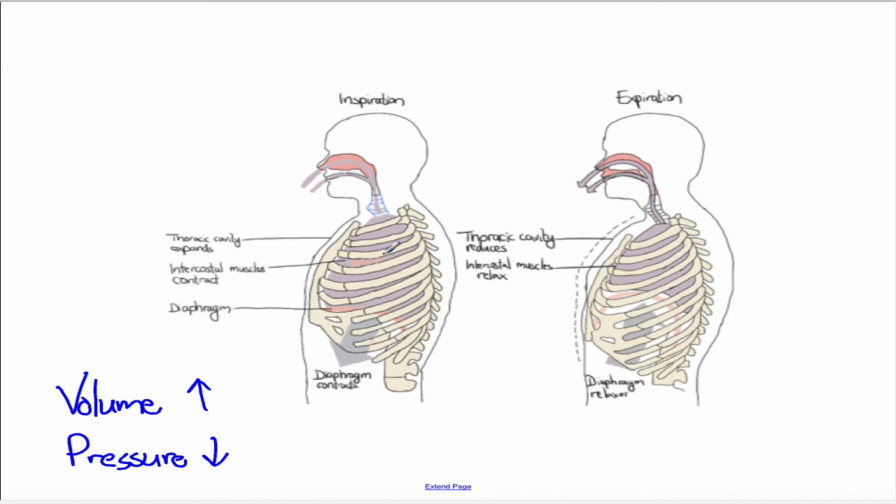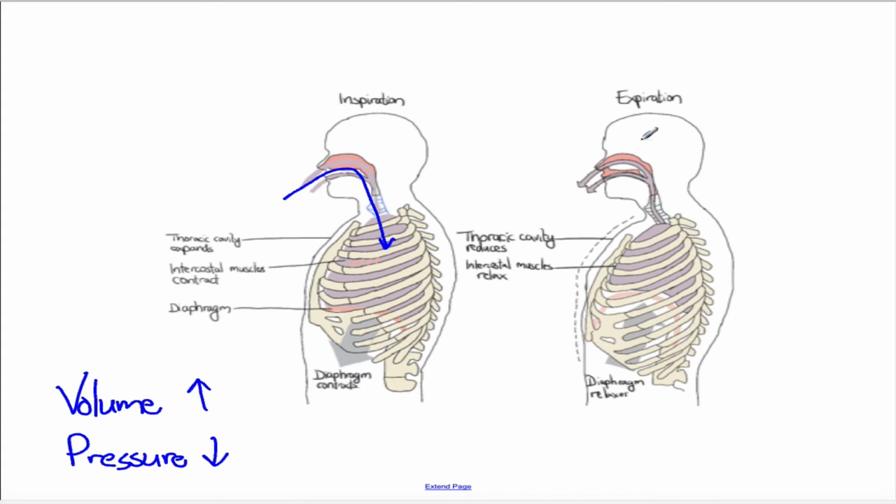So there is less pressure inside the lungs than there was previously. Now, the pressure of the atmosphere is going to remain the same. This pressure is changing. So if the pressure inside the lungs becomes less than atmospheric pressure, then air is going to rush into those lungs and fill them up, which is inspiration.